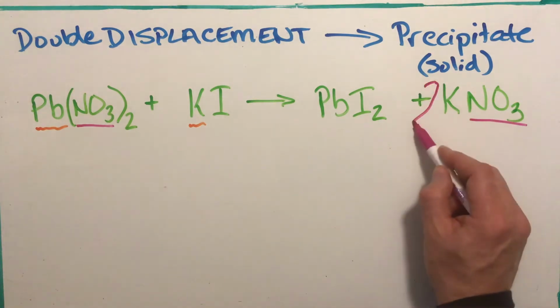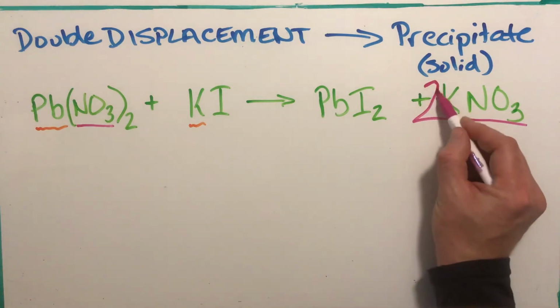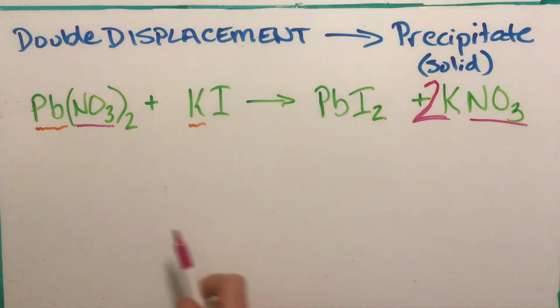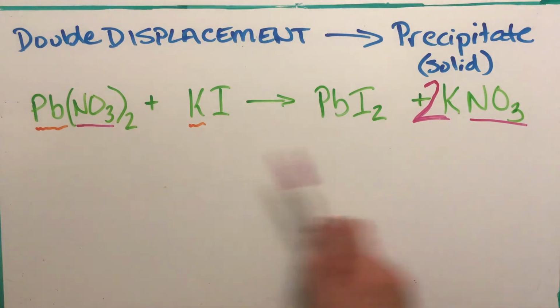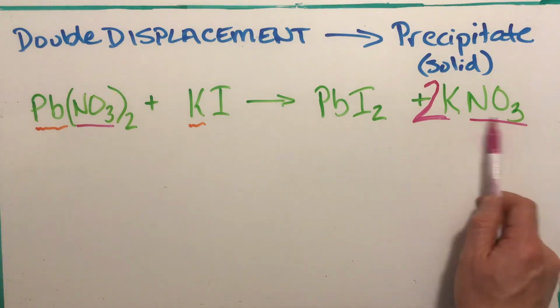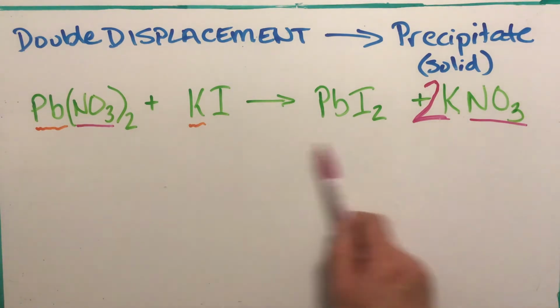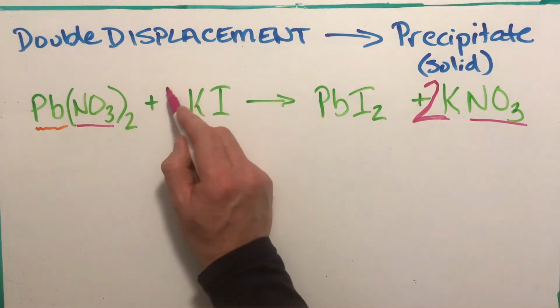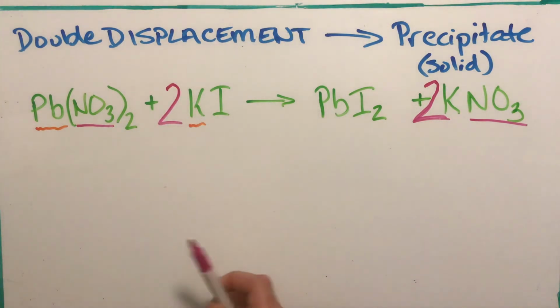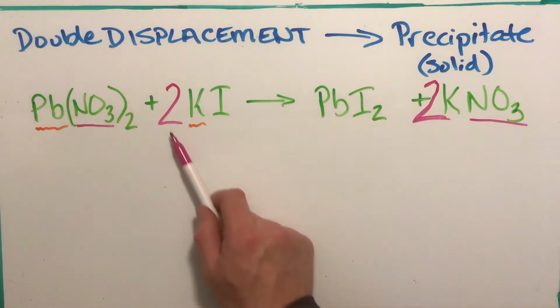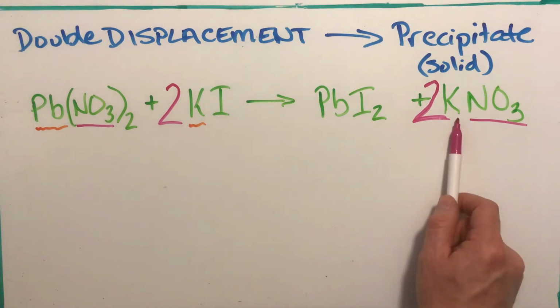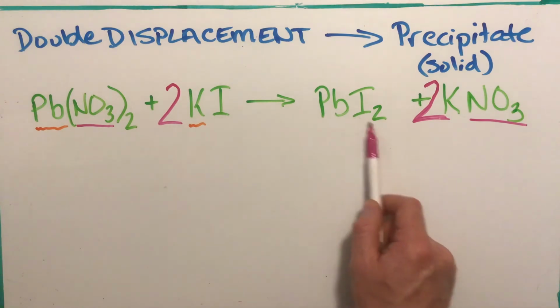So I'm going to put a 2 here. Very sloppy looking 2, but we'll live with it. So 1 lead, 2 nitrates, 2 nitrates, 1 potassium. Here I've got 2, so I'll put a 2 here and fix it. Start again. Lead, 2 nitrates, 2K, 2K, 2I, 2I.